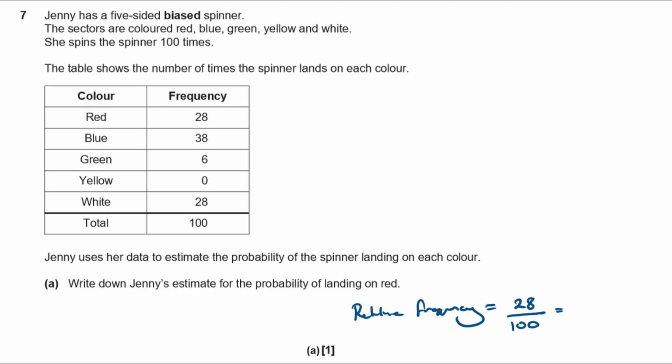So 28 divided by 100 is 0.28. That is a rough and ready approximation of the probability of landing on red. Obviously with 100 trials, the actual true value might be slightly more or slightly less than that, but it's going to be close to it.